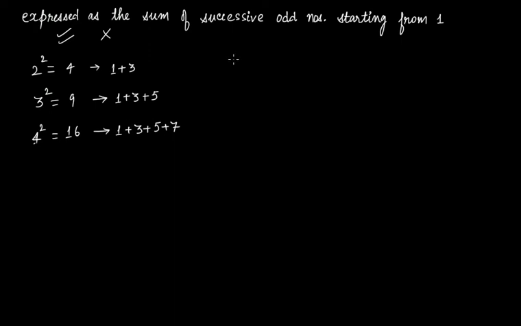Let's take a few non-square numbers. Let's take 11, 15, and 19. So this is 11. 1 plus 3 is 4, plus 5 is 9, and if you add one more odd number, that is 7, you get 16. These two are not equal.